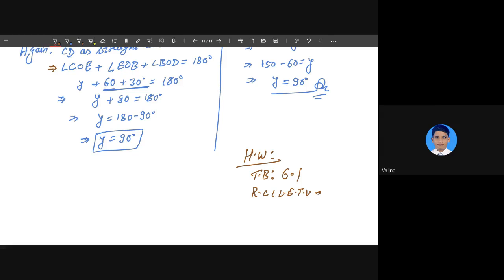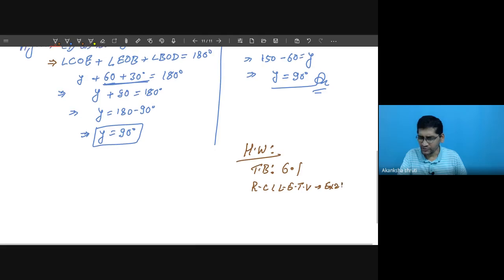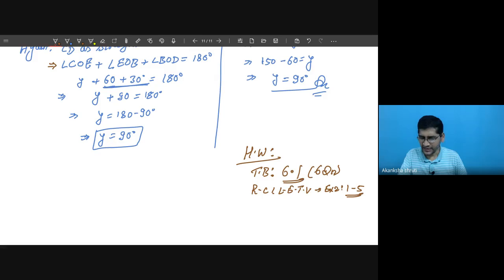Sir, from RC book exercise 1, full exercise 1. Okay, then exercise 2, student, please do from question number 1 to 5. Means these 6 questions from your textbook of chapter 6, and from our notes, do the 5 questions only. Okay, student, this is your homework.